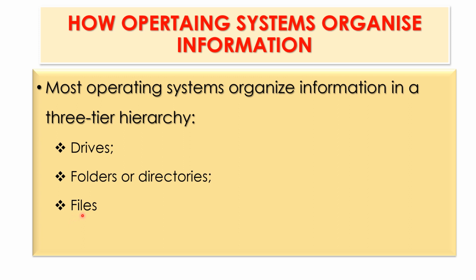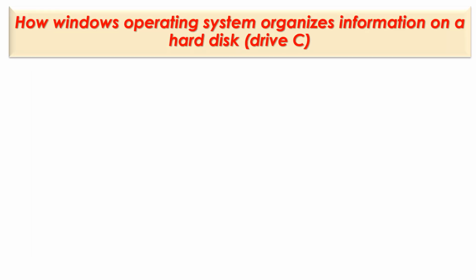And there are also files. So there are drives, folders, and files. That's how information is organized in your computer, or how an operating system organizes information.